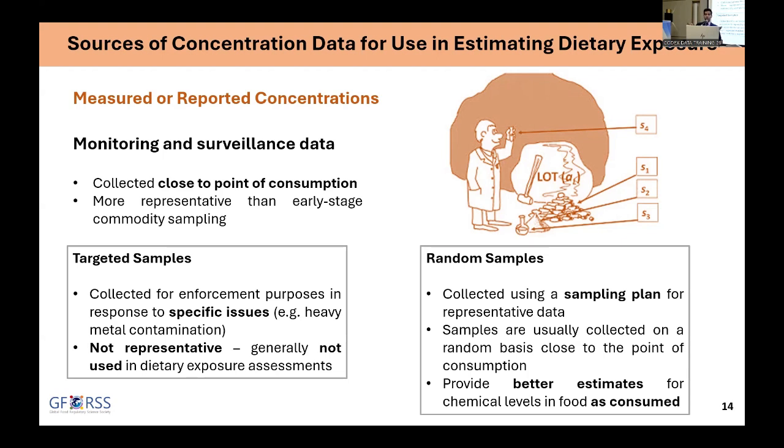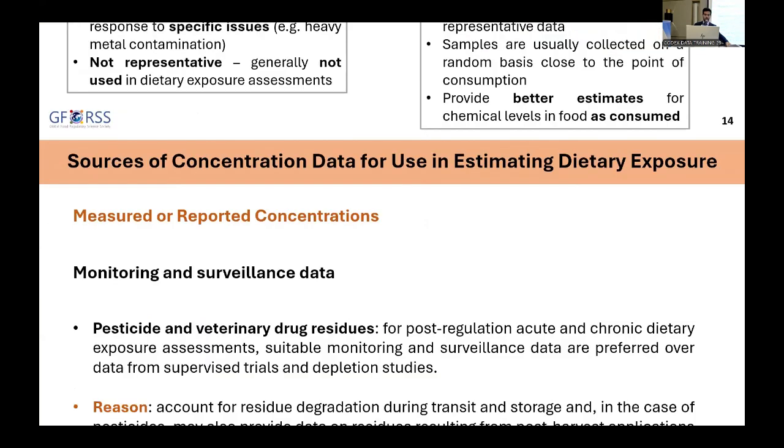Which data, coming from which type of sampling, is better suited for chronic dietary exposure assessments? What do you think? Coming from a targeted sampling, I'm sampling this particular commodity for this particular contaminant because of a particular situation. Or I'm doing a certain screening for a particular contaminant, let's say, and taking samples in a random way. Which one is more suitable? The random approach, okay? So of course you have the why.